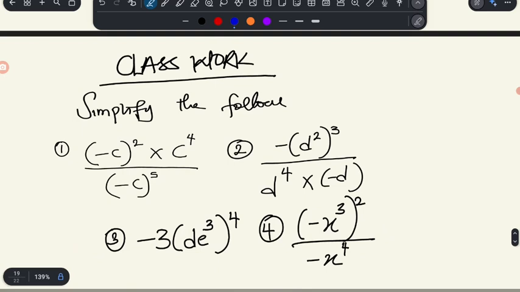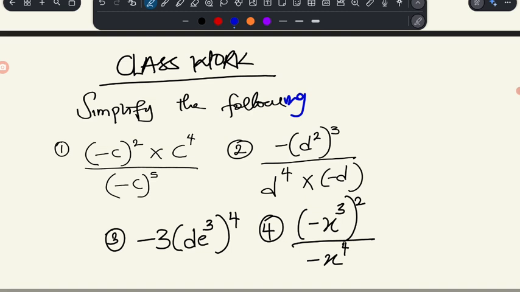So now the classwork says, simplify the following. Let me write it very well. Number 1: minus c, bracket open and close, c squared times c raised to power 4, divided by minus c all raised to power 5. Try to solve it step by step so that you don't make any mistake.